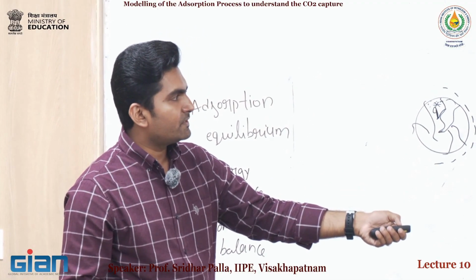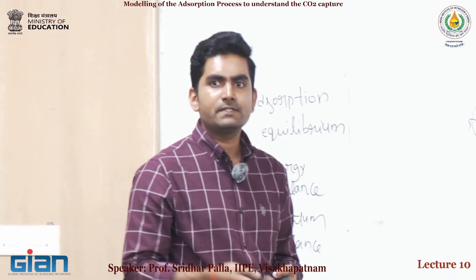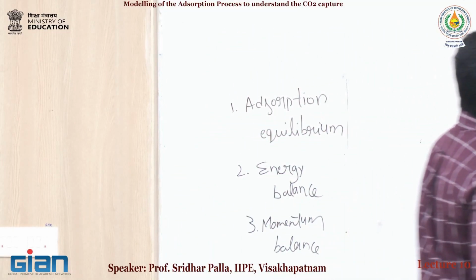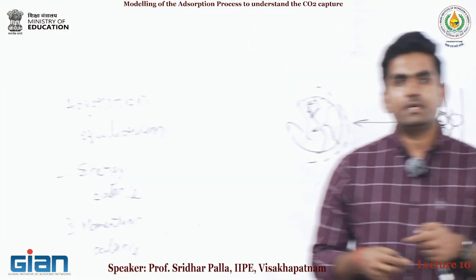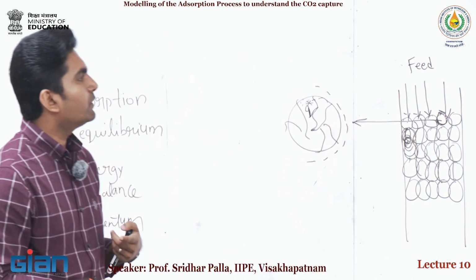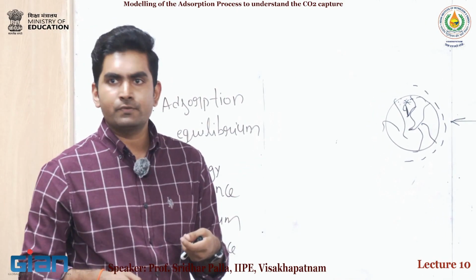This q star is there, right? q star is nothing but the adsorption equilibria, the adsorption amount that we estimate from the experiments. So local equilibria is an assumption that we consider to simplify these kinetic models, where ∂q̄i/∂t is equal to ∂q*/∂t.